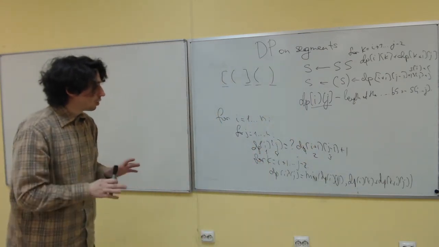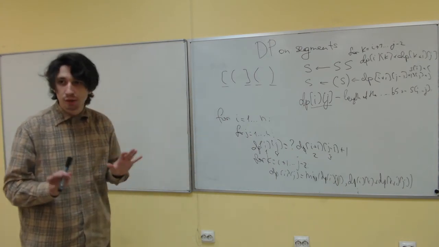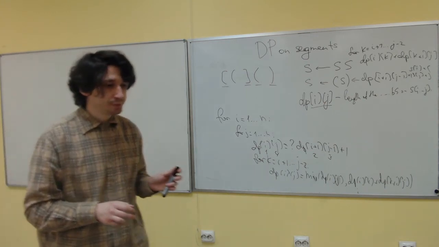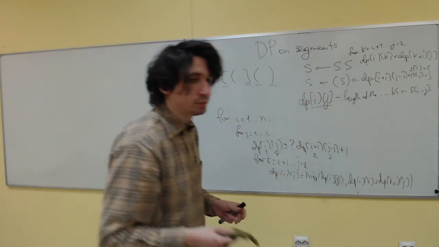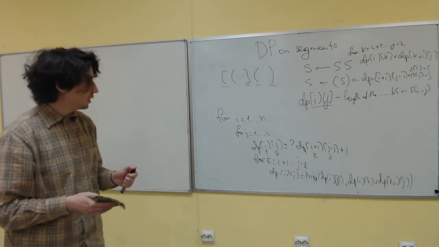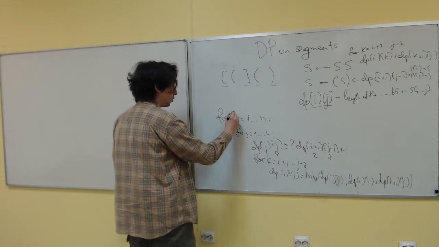So what iterations should we have here? Well, I guess that we should somehow at first take the smaller segments and then take the greater segments. Exactly. I'm just not sure how to do that.